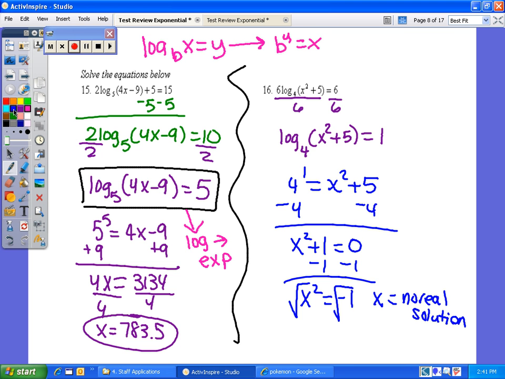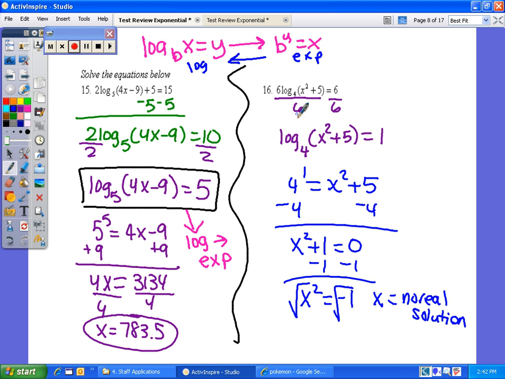But you know you can always go back and do exponential to log for some questions. So we went from log to exponential, so 5 to the fifth equals 4x minus 9, and then just solve algebraically using a two-step equation. Number 16, you do the same thing you did for number 15.